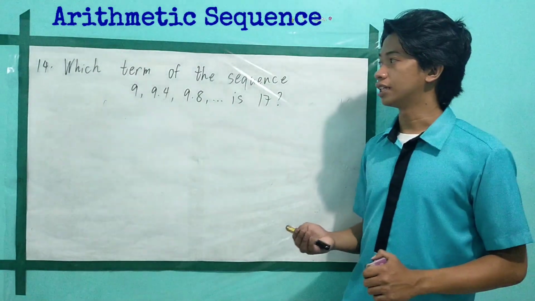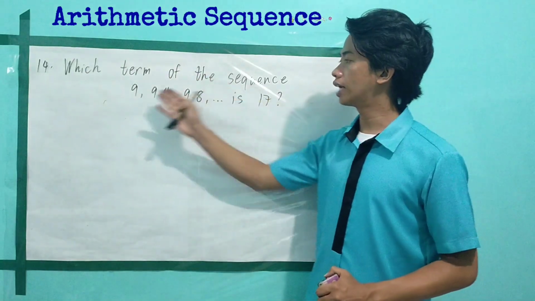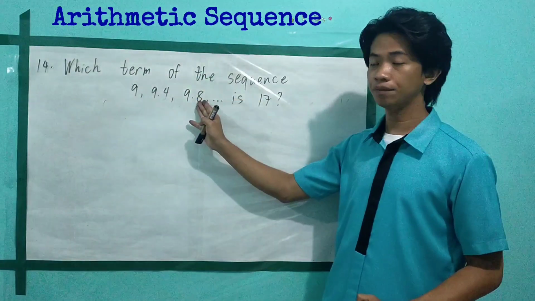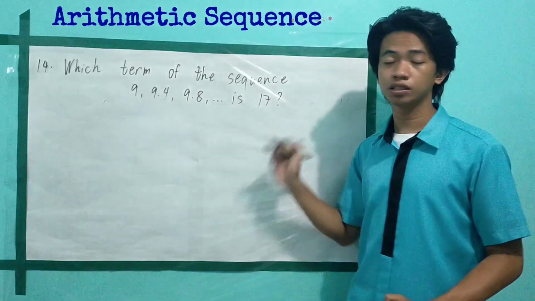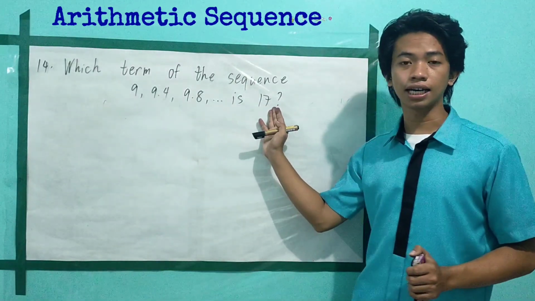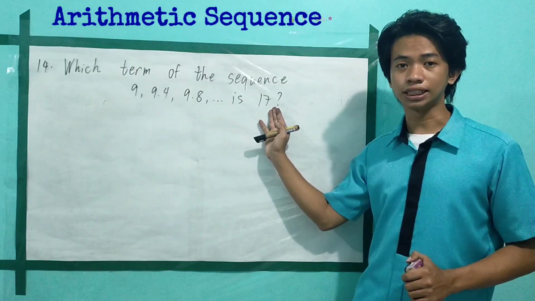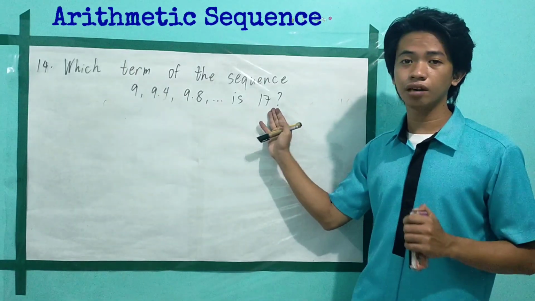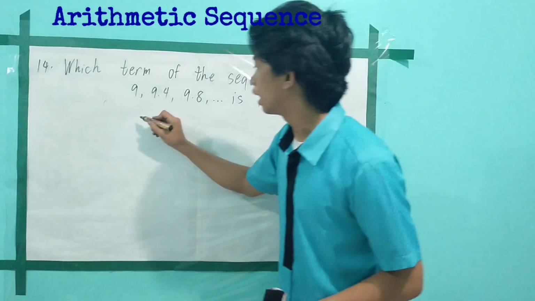Problem number 14. Which term of the sequence 9, 9.4, 9.8, ellipsis is 17? So ang tinatanong dito is kung pang ilang term ang 17 sa ating sequence. So same lang din siya sa problem number 13 natin. Okay, let's solve.